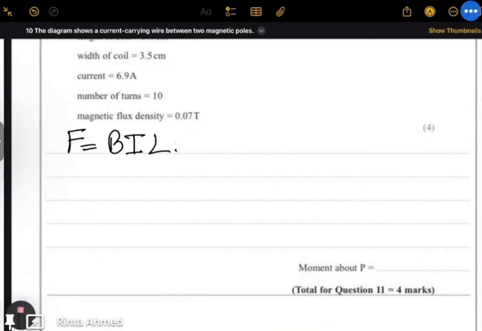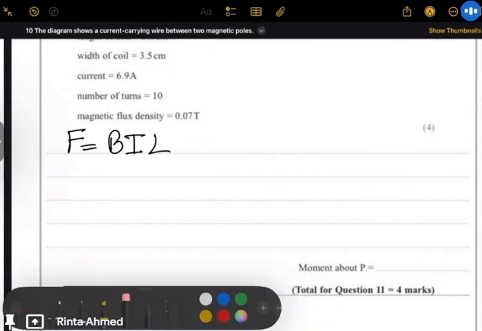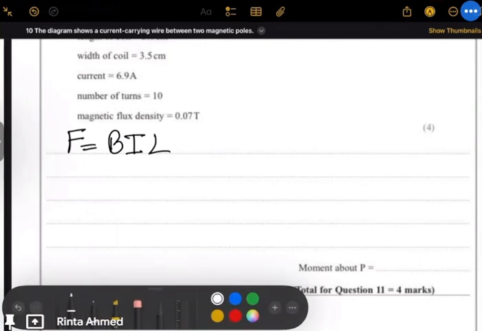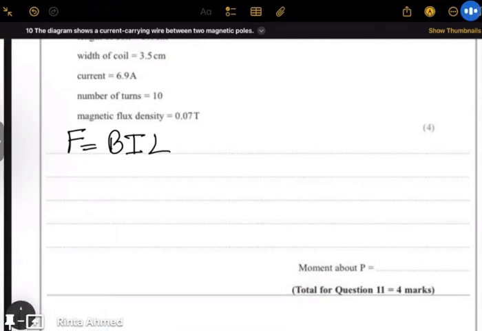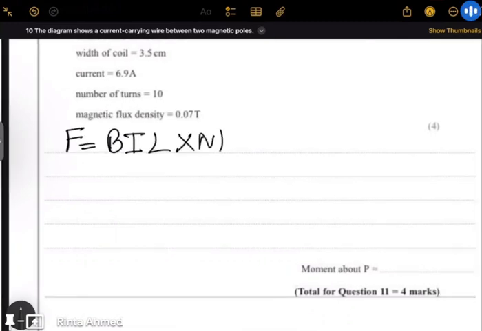Let's do the sin theta part later on. Just focus on BIL into N, because there are a number of turns given. BIL is for just one turn. As they have given 10 turns, we have to multiply this BIL into 10.